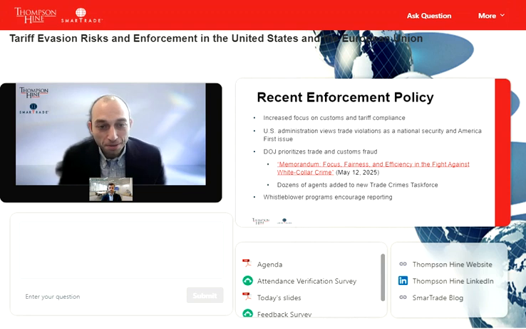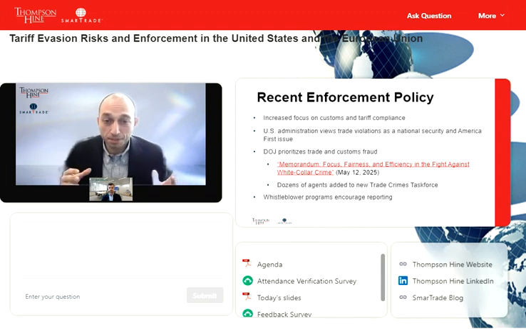So there was a memo released by the DOJ back in May. It was called Focus, Fairness, and Efficiency in the Fight Against White-Collar Crime. That memo lists 10 high-impact areas that the criminal division of the DOJ will prioritize in investigating and prosecuting white-collar crime.